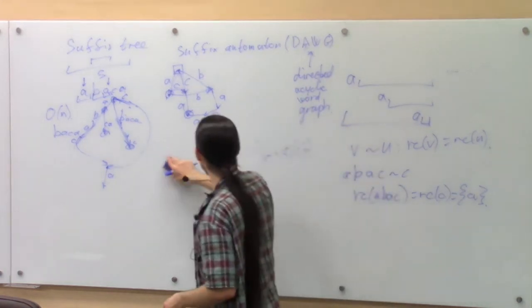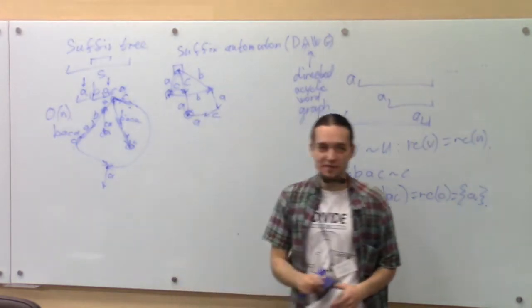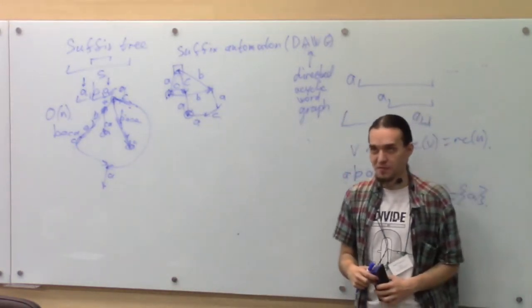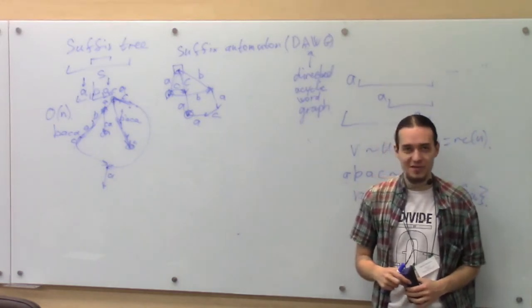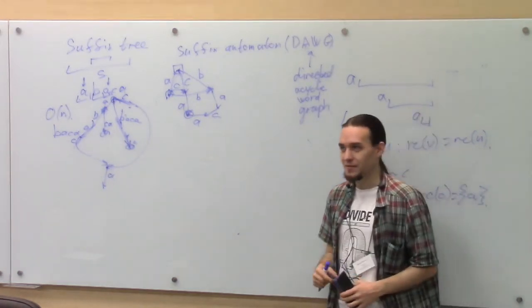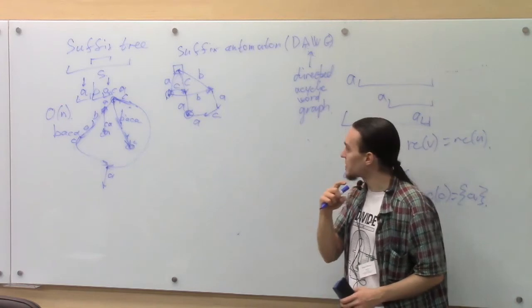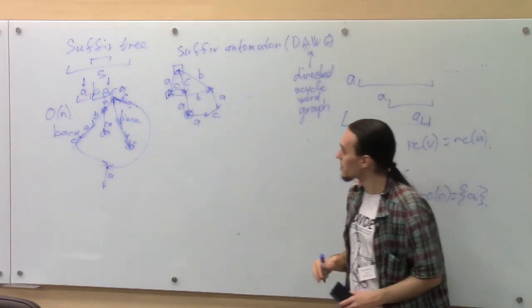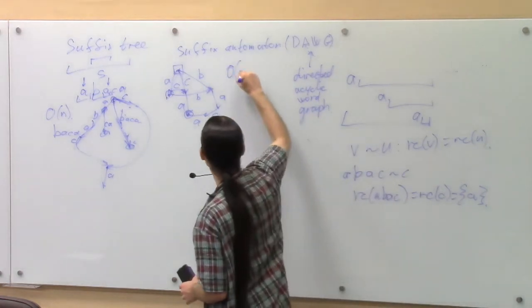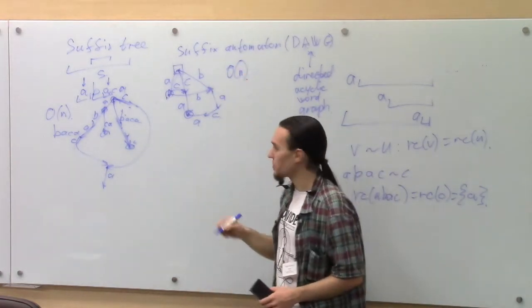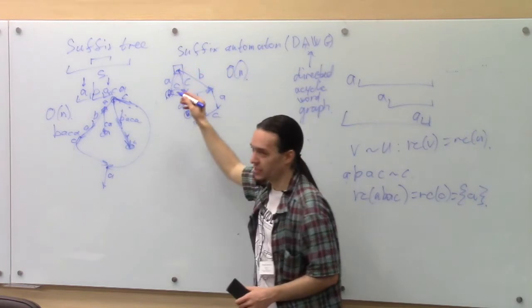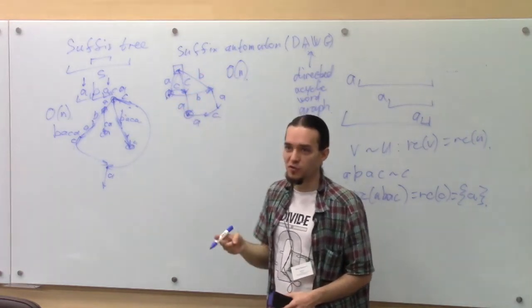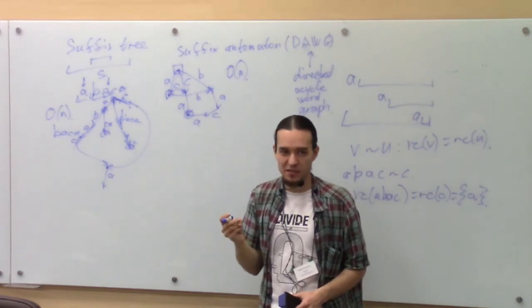It is not quite clear how large the suffix automaton can be, and it's not easy to prove either, and I don't think I will go for that. But it can be shown that the suffix automaton for any string has a linear number of states and also a linear number of edges, right? And it even holds for larger alphabets.